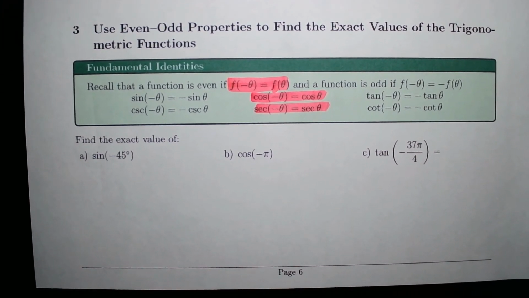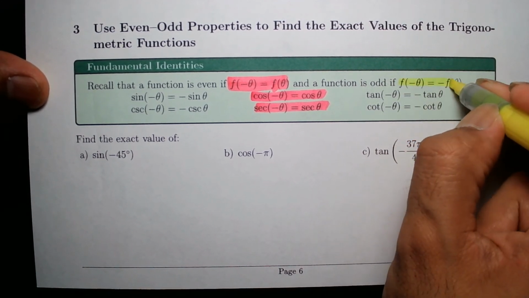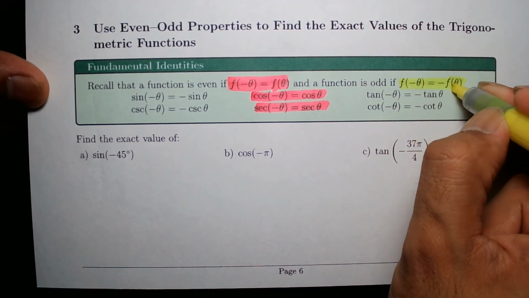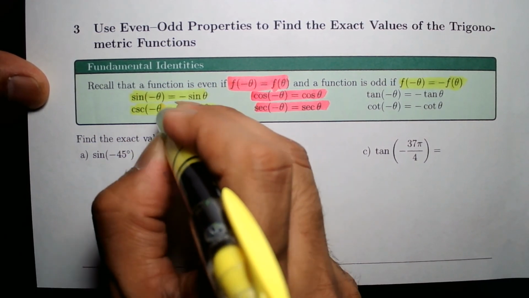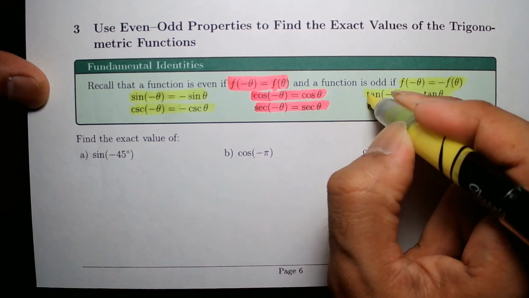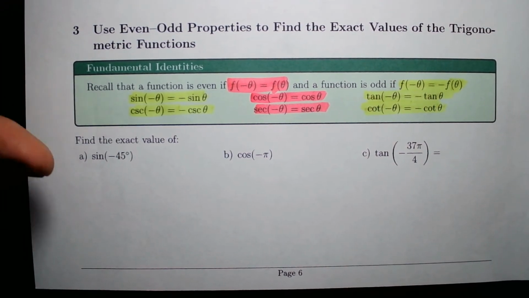On the other hand, the functions that are odd, in other words, that if you evaluate a negative angle, the negative goes outside of the function, changing the sign, are the remaining four functions.